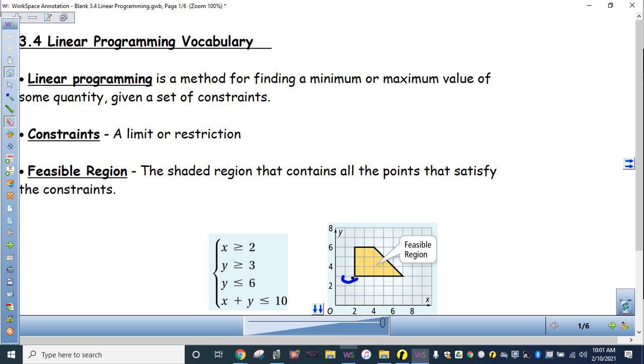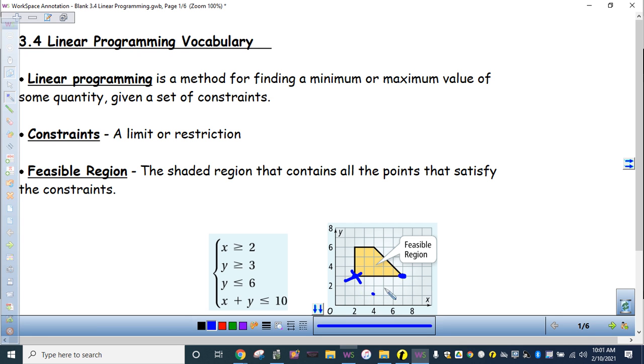It's starting to look like it's got measles or something. When we're trying to maximize, if I'm trying to decide between these 2 points, it's probably not going to be that point, right? Because this x value is bigger, even though the y value is the same. So you don't always have to plug into every single point. It just depends on the situation and the problem.